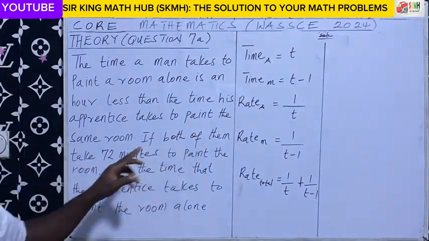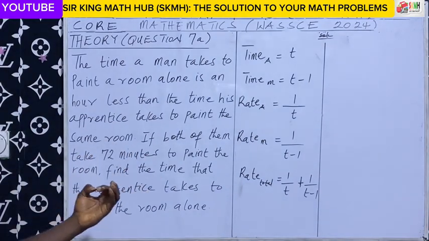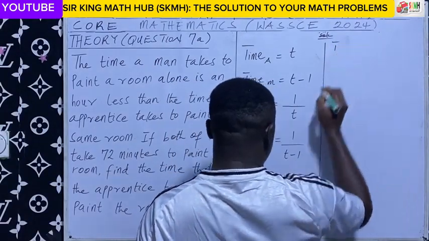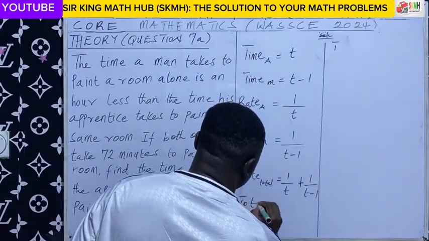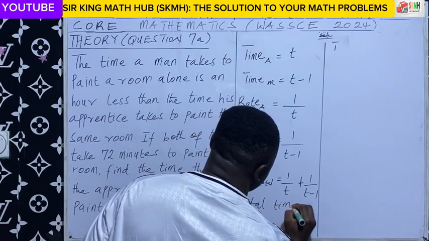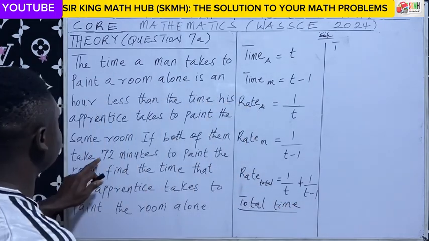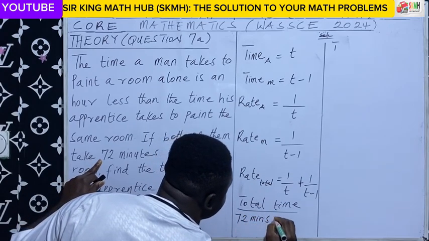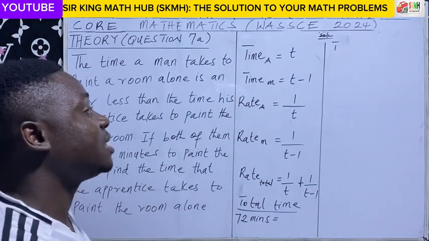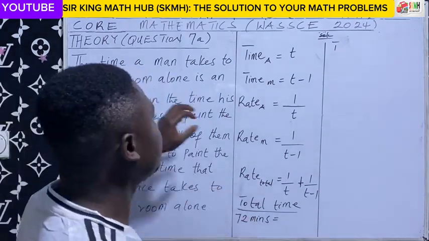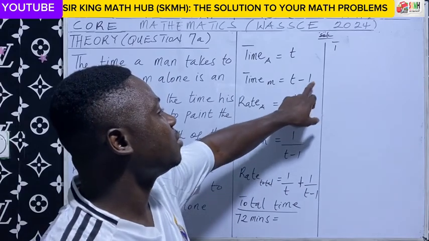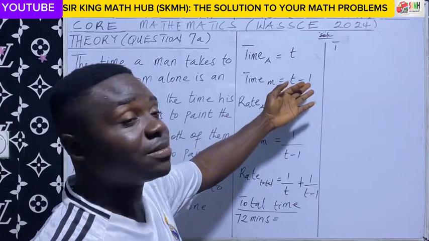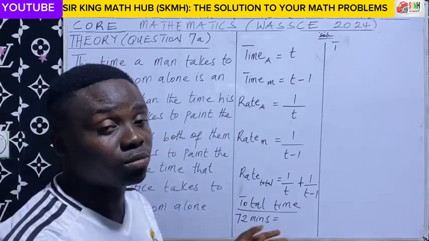If both of them take 72 minutes, so their total time is 72 minutes, but the time must have the same unit. In the first part of the question, we are giving the time in terms of hours. So we also need to change the 72 minutes to hours.